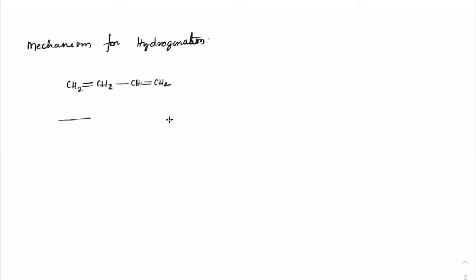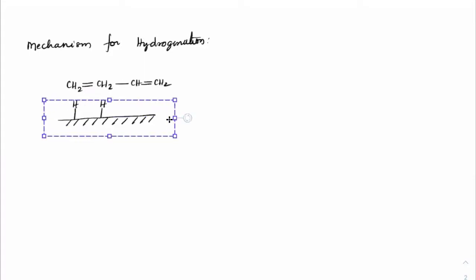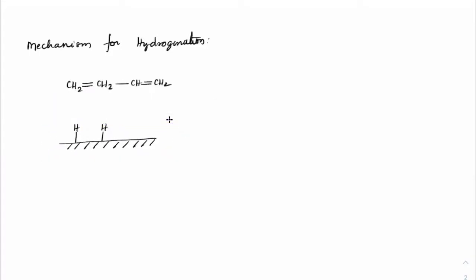Let's say this is the metal surface, and on the metal surface we have 2 hydrogens connected. They will try to cleave and make a bond with hydrogen here and carbon here, and the pi bond will also break in such a way that we get these radicals. So these 2 radicals will terminate here, and these 2 radicals will terminate here. See how the transition state looks.